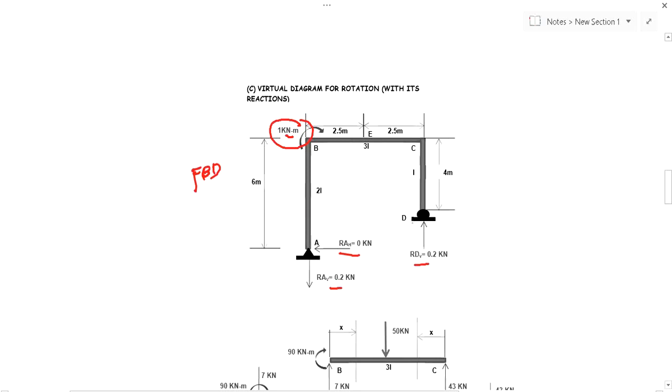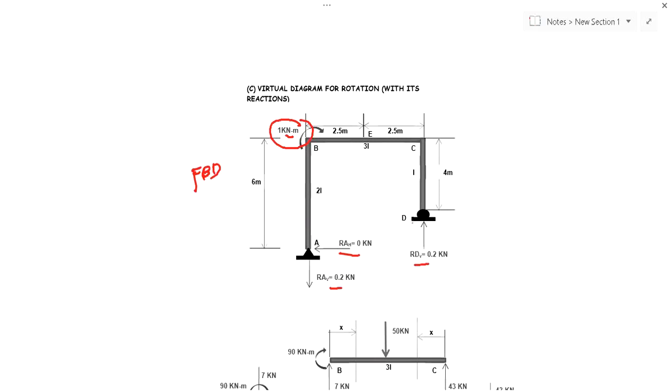Okay, so after which, if you now have your free body diagram for your virtual system for both deflection and slope, since we are going to solve for the horizontal deflection at D and rotation at B, we are now ready to cut our frames into segments.